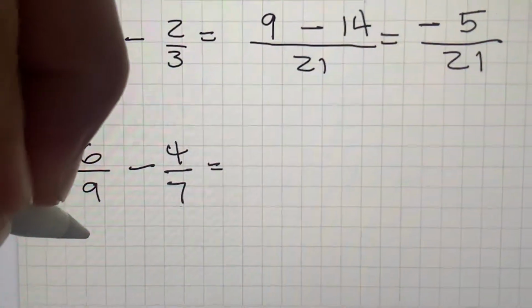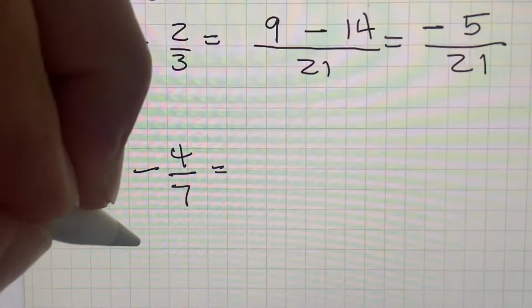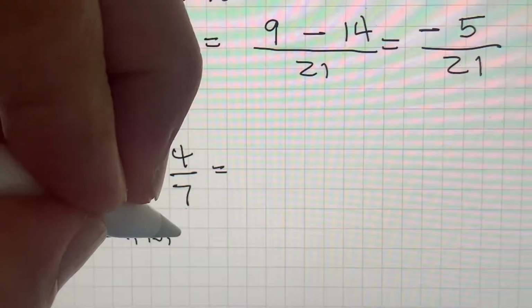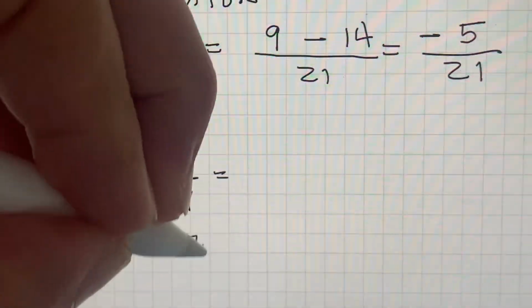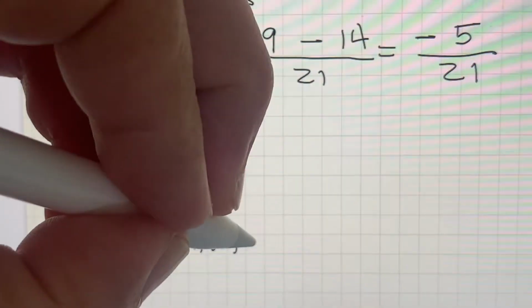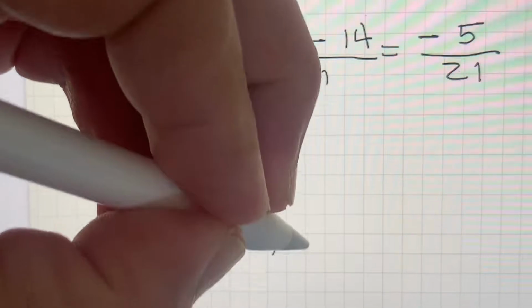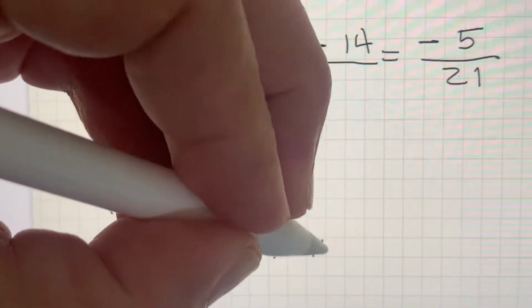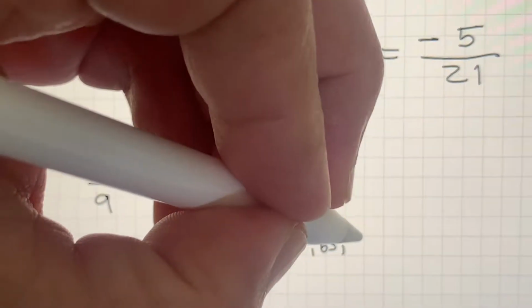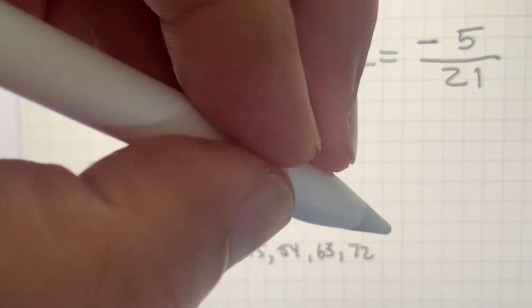So the multiples of 9 are 9, 18, 27, 36, 45, 54, 63, 72.